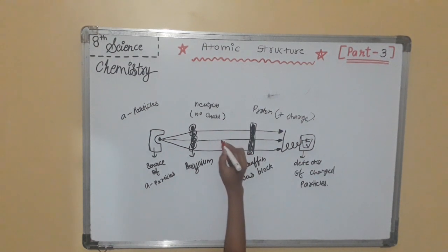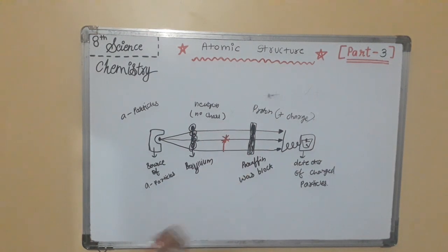When the paddle wheel rotated, he saw the motion. So he argued the invisible radiation should consist of some particles, and as these particles are not deviated in the electric field, they should be neutral particles. He called these neutral particles neutrons.